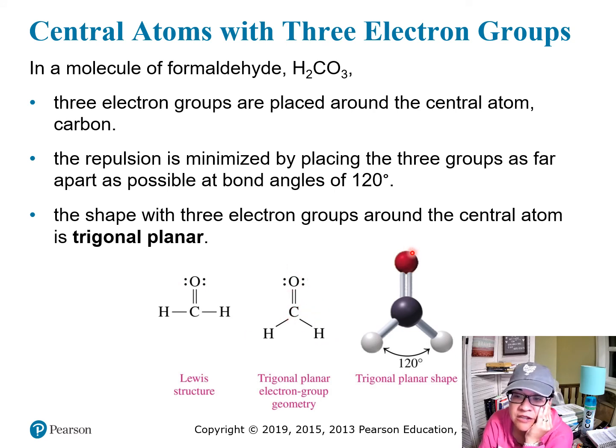If you look in 3 dimensions, it is going to be flat on a piece of paper, because if this one moved over into this region of space, it would be too close to these. So they have to be as far away as possible from each other. This shape is called trigonal planar. This angle is 120 degrees, which you would expect because a circle is 360.